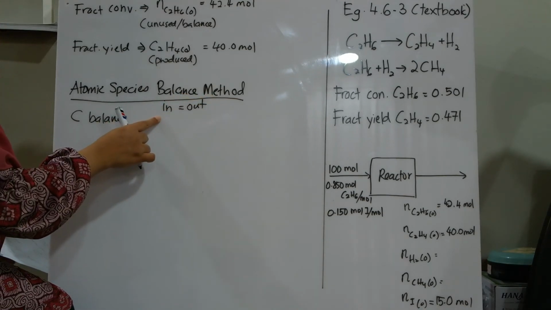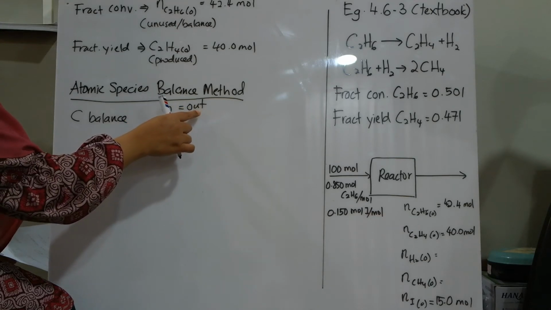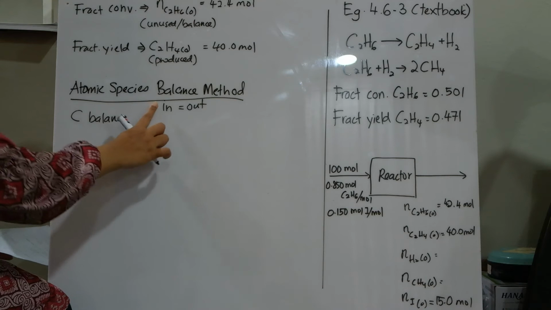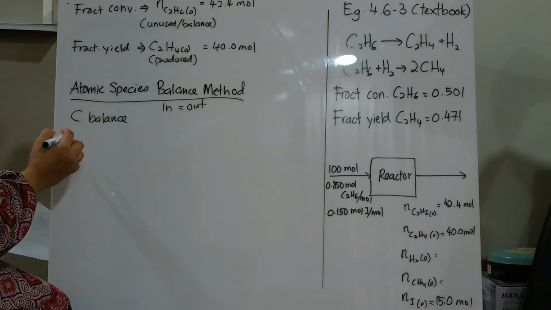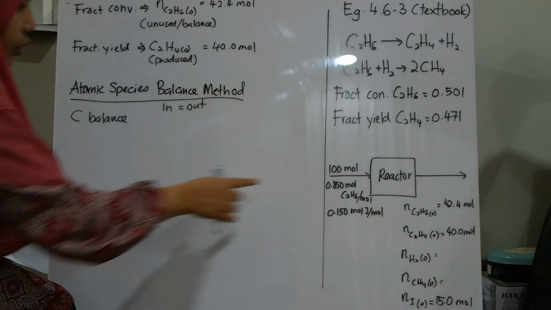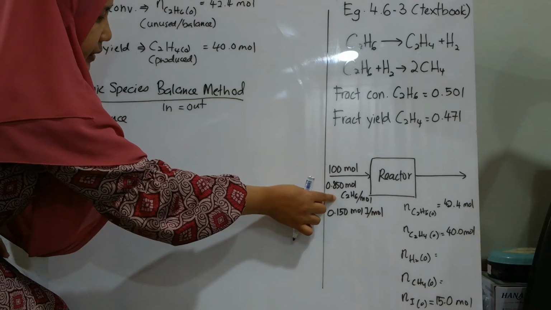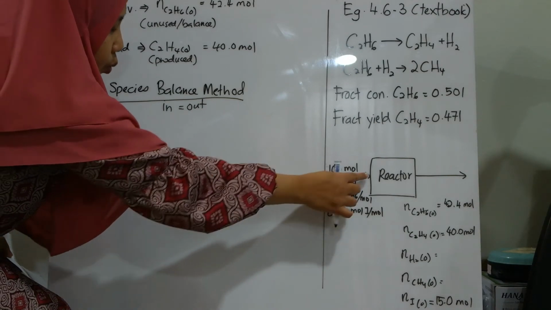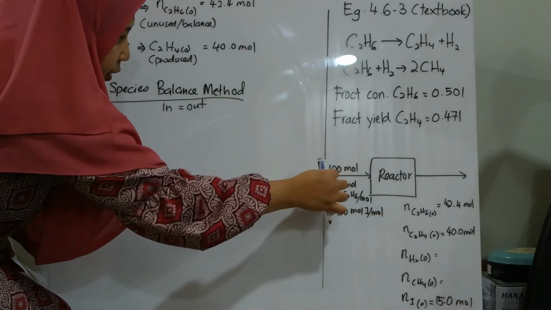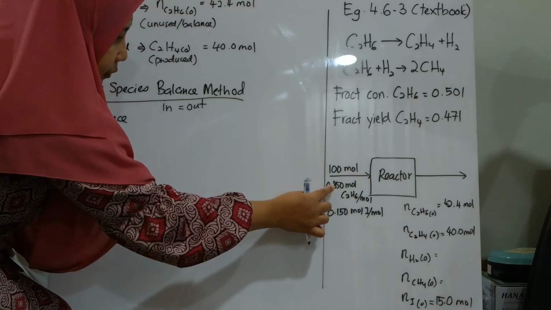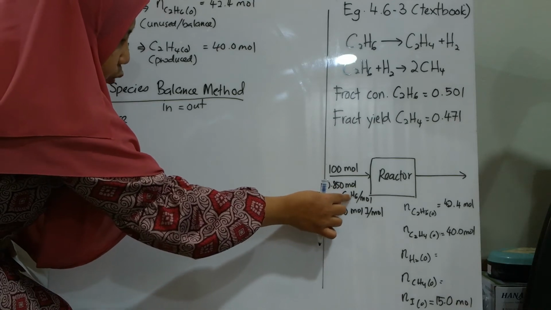In the process, 100 mole of feed goes in, which has 85 mole of C2H6.